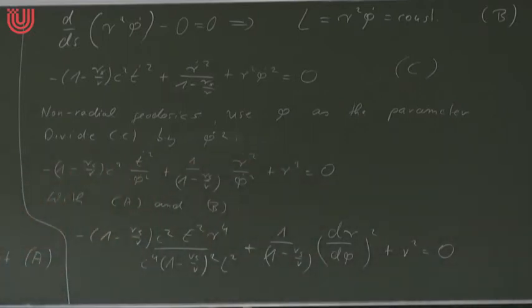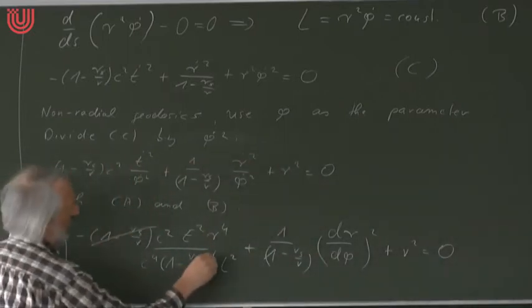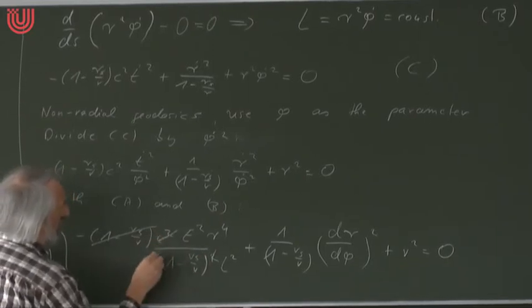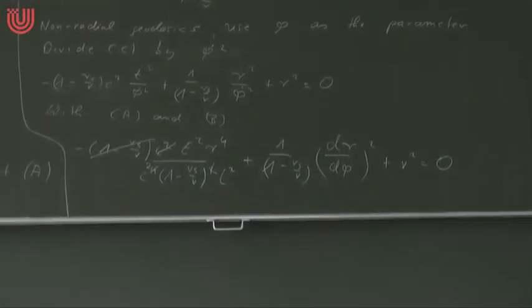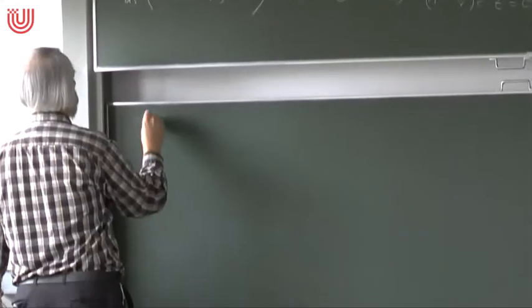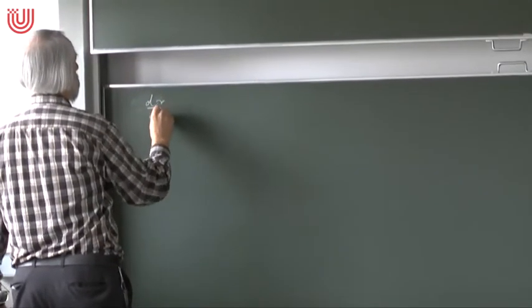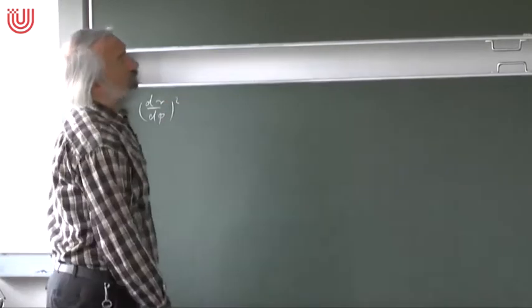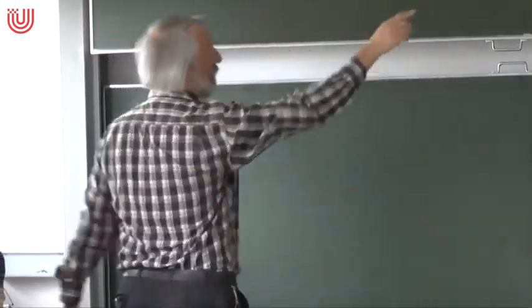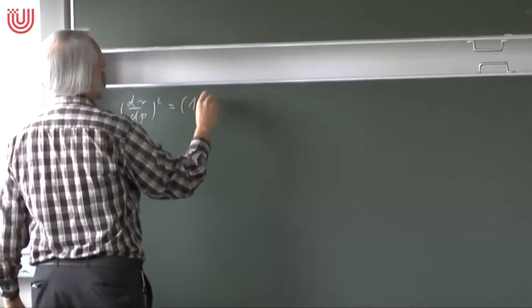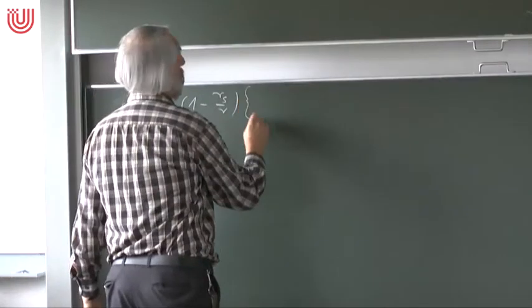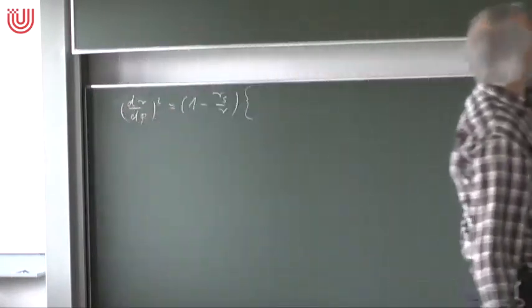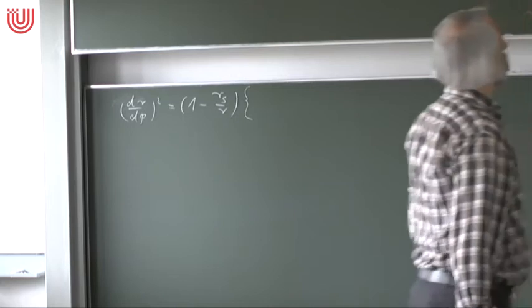And what I have to do, well, there are a few terms cancelling. This cancels. This cancels. So I get dr by d phi squared. I multiply everything with 1 minus r_s over r, and then I get a big bracket. So this comes now to the other side, so it gets a plus sign.